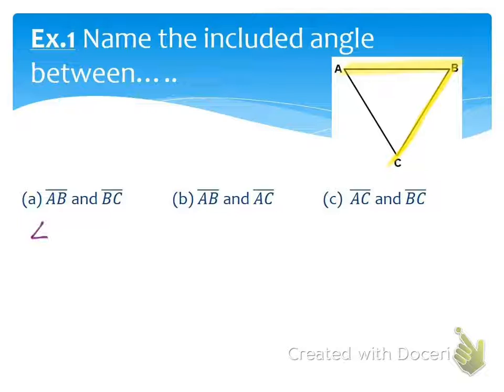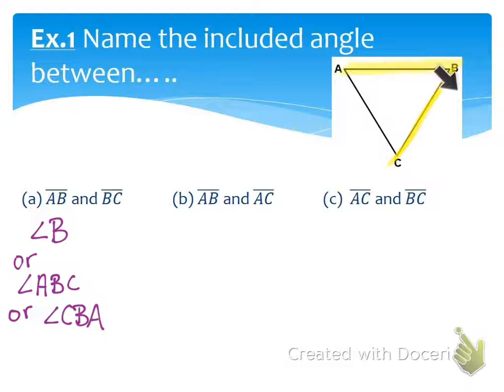Angle B. You could call it angle B, or if you really want to, you can name it with 3 letters and call it what? Angle ABC, or angle CBA. Any of these are talking about that same angle that occurs at vertex B. You would just need one of them. I'm just showing you all your options.